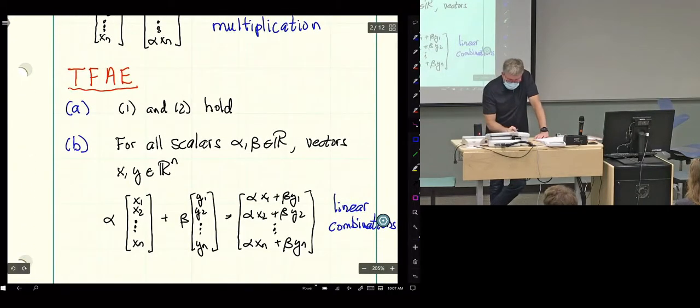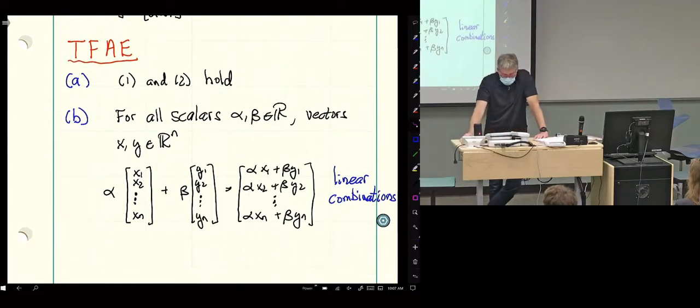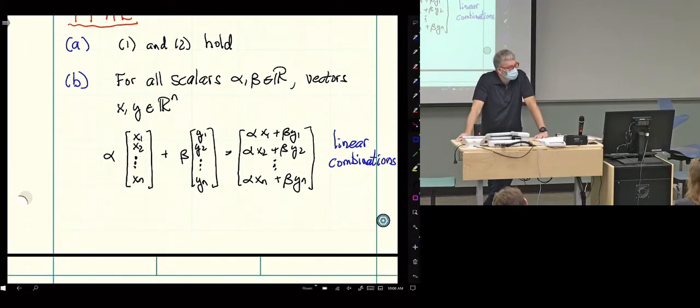And then this is a simple result that I'll give you time to write down because it's going to be crucial to what we're doing: that 1 and 2 hold. So I can take a set and look at it: one, it's closed under vector addition; two, it's closed under multiplying vectors by scalars. Or I can just take all linear combinations in Rn, and I still get a vector in Rn.